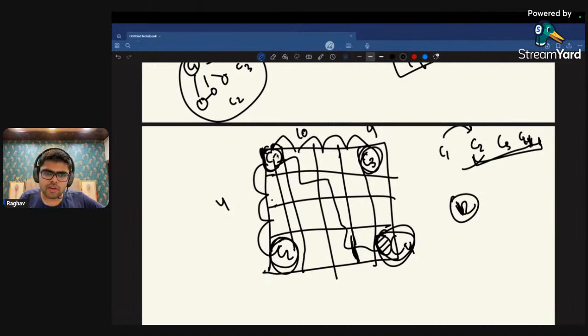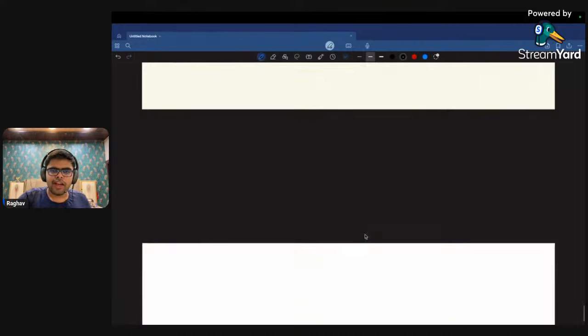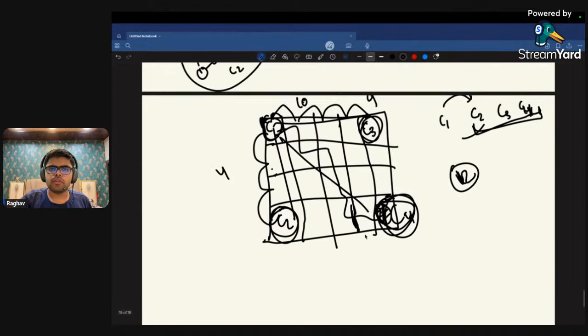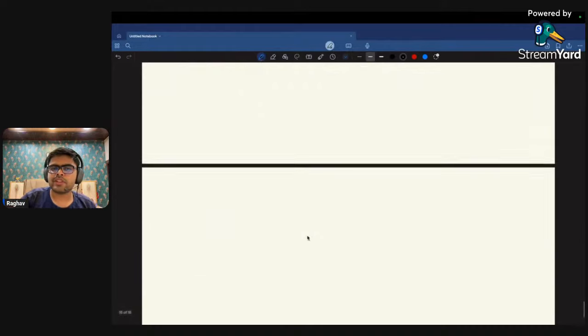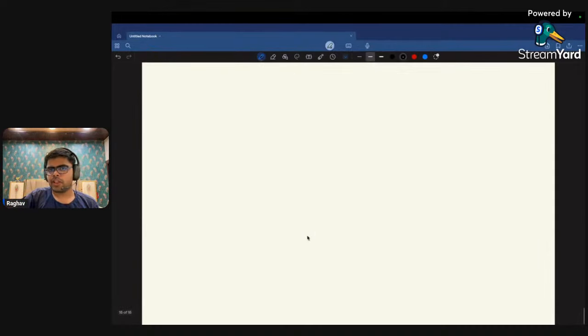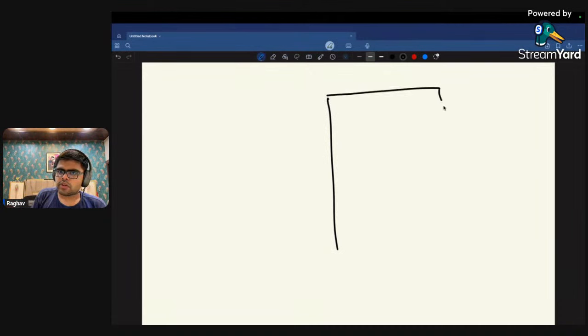These are the adjacent corners, and the node which is farthest is basically the opposite corner. I don't really care which node I pick among C2 and C3 among the adjacent nodes.